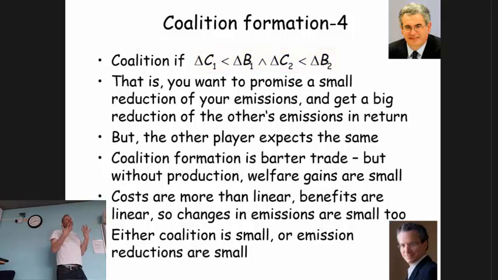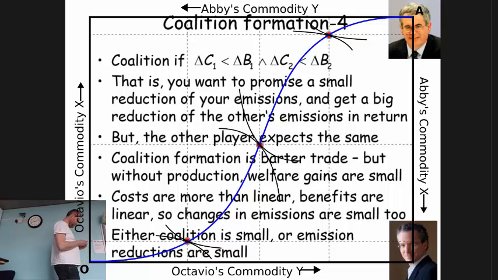If we consider a 3-player coalition, this condition also has to hold for player 3, and delta C3 should be smaller than delta B3, and the same for 4 and 5 and whatever. You immediately understand that there is not a lot to play with. In a way you can see this as barter trades, essentially a logical depiction of the Edgeworth box that you may recall from way back when.